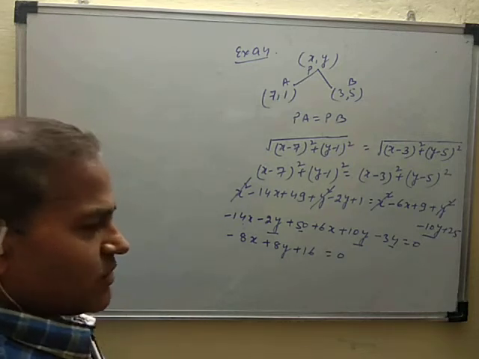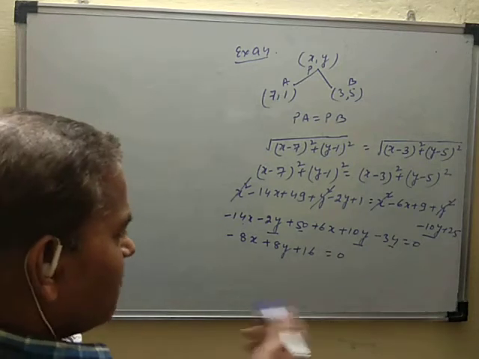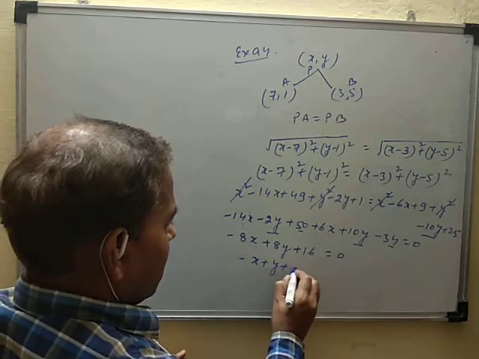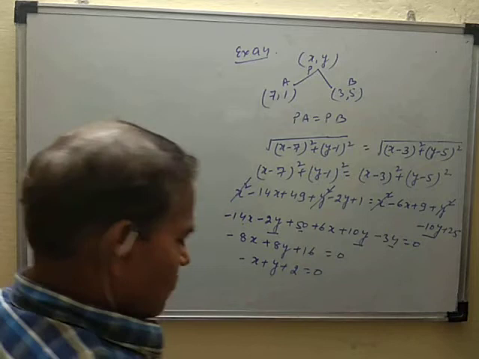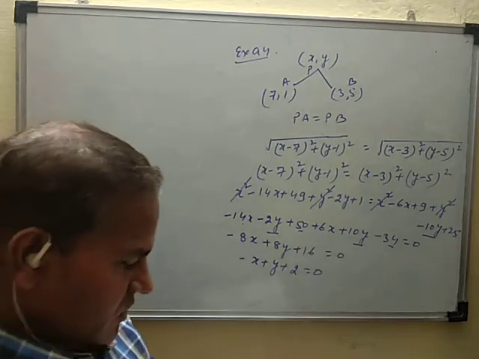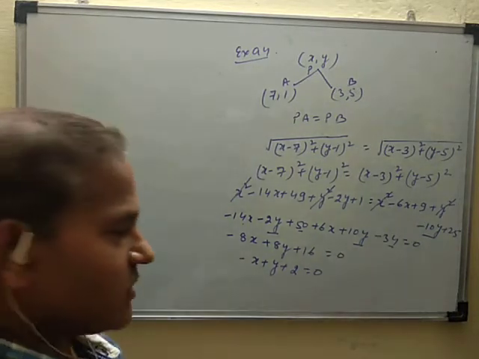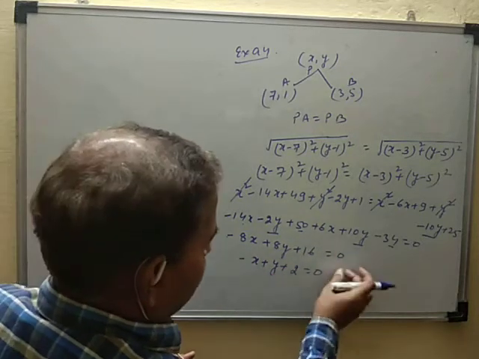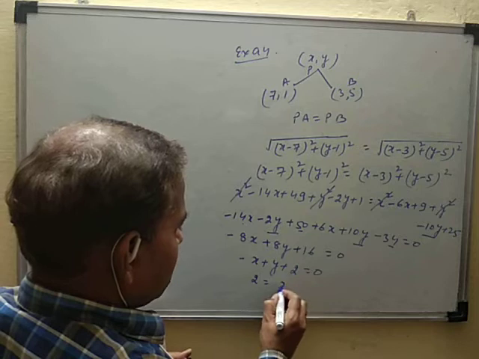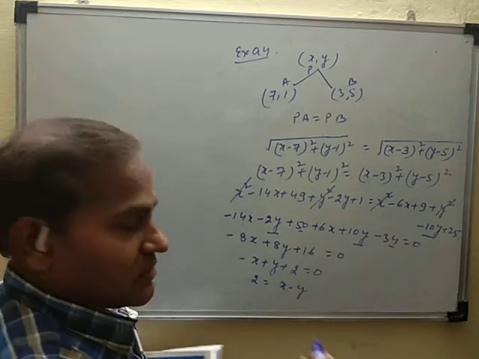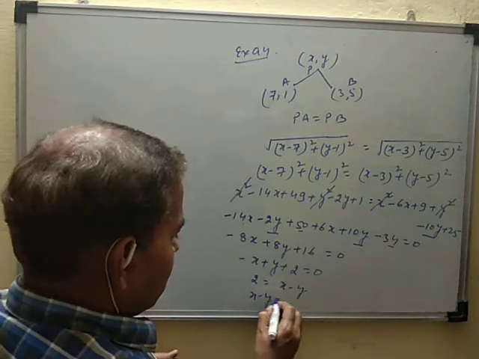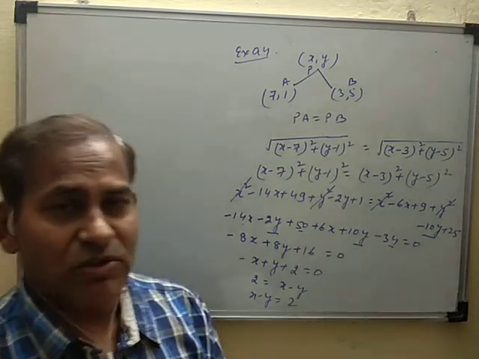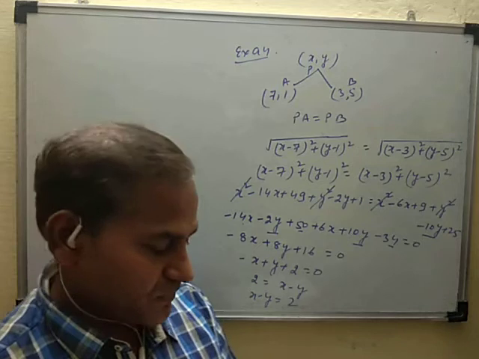Now 8 is the common factor, so dividing by 8, minus x plus y plus 2 is equal to 0. This is the relation between x and y. Or it can also be written by taking both terms to the right side, then x becomes plus and y becomes minus, that is, their difference is equal to 2. So this is the relation between x and y.